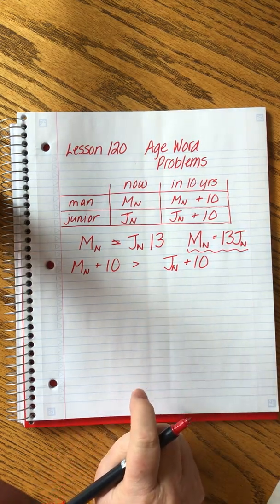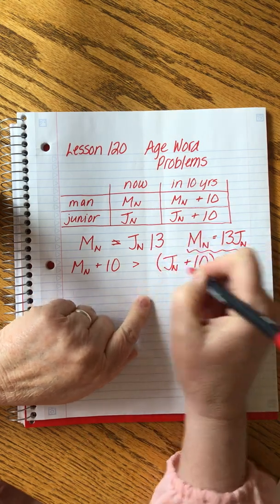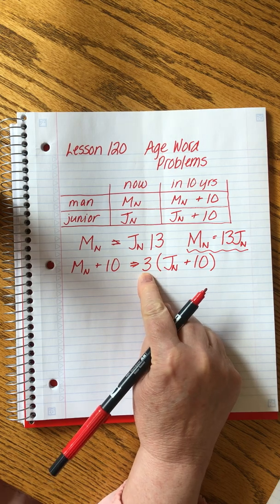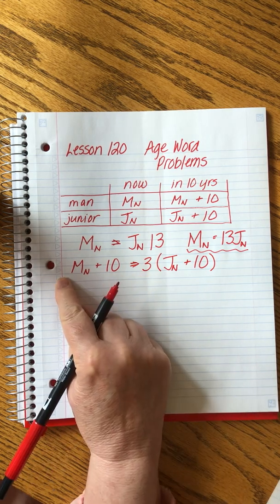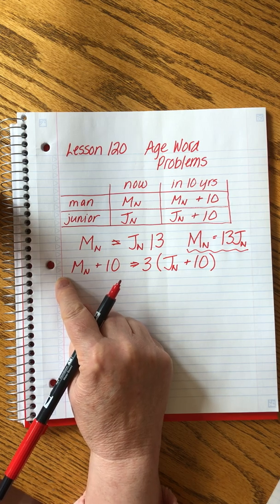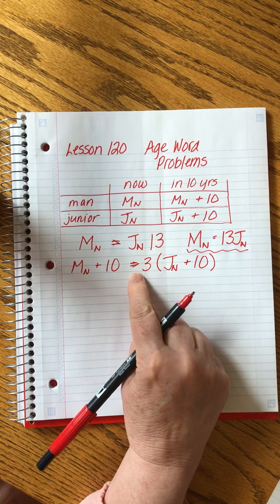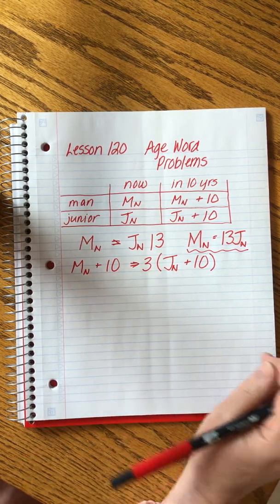He'll be 3 times as old as his son. So to get this to balance, we're going to multiply this side by 3, right? The smaller side is what gets multiplied. We hear man is 3 times older and we want to multiply man times 3. No, he's already older. We don't need to increase his numbers more. We need to give this other guy the power of the 3 so that we can say that they're equal. Okay, beautiful.